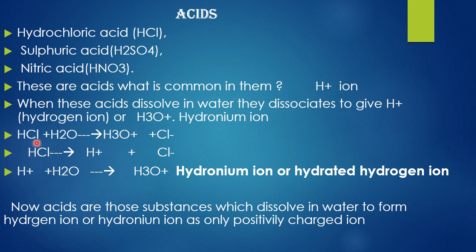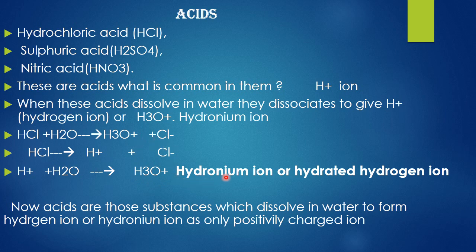Hydrochloric acid, when dissolved in water, releases hydrogen ion along with chloride ion. Now this hydrogen ion cannot exist alone. So this hydrogen ion combines with a water molecule to form this hydronium ion, that is H3O+. So whenever an acid is dissolved in water, this hydronium ion is formed along with the negative ion.